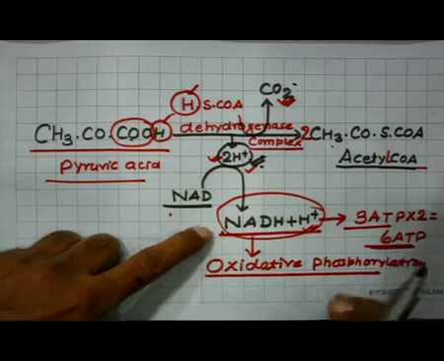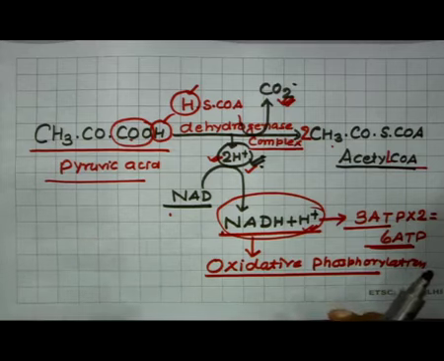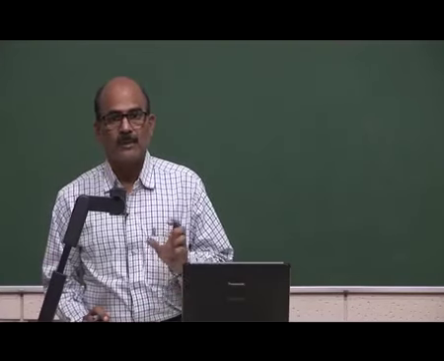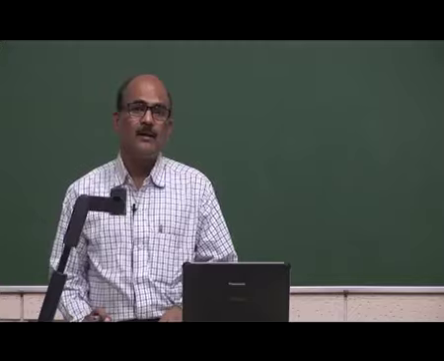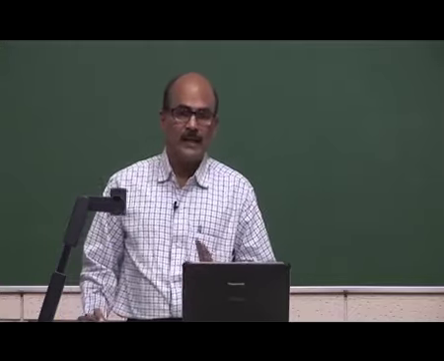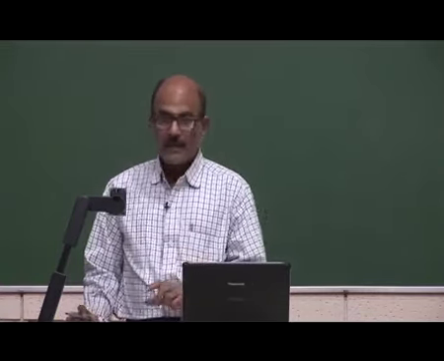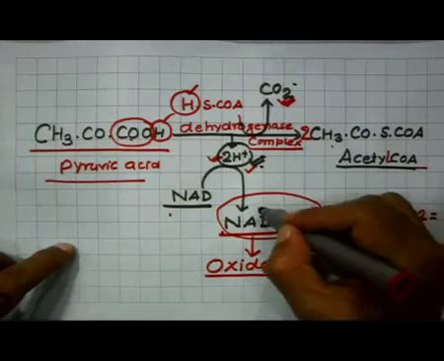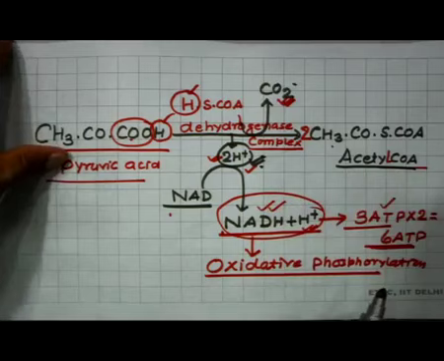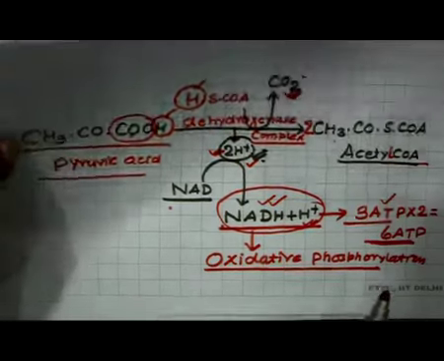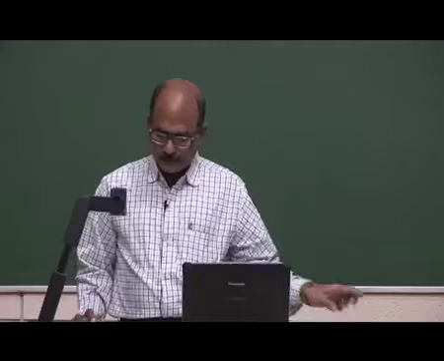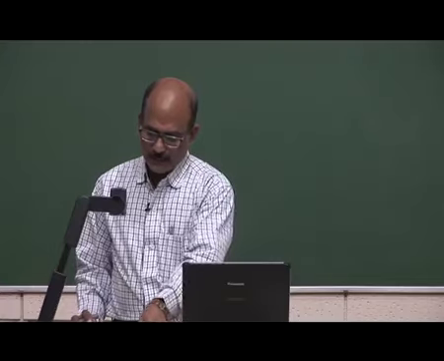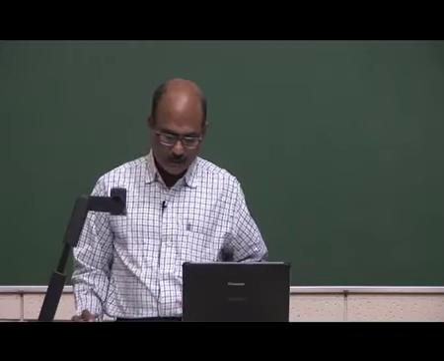So, we can say now here in glycolysis there is the formation of 2 ATP and 2 molecules of NADH2. Here also the 2 molecules of NADH2 are formed, which you will find in my release of energy chapter at the end of this.